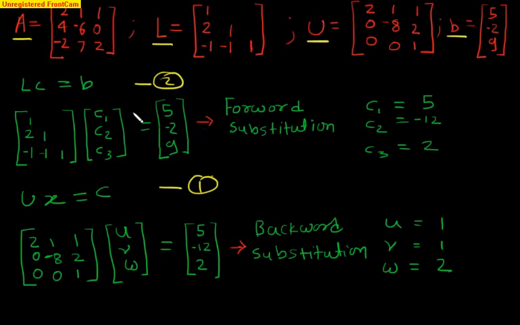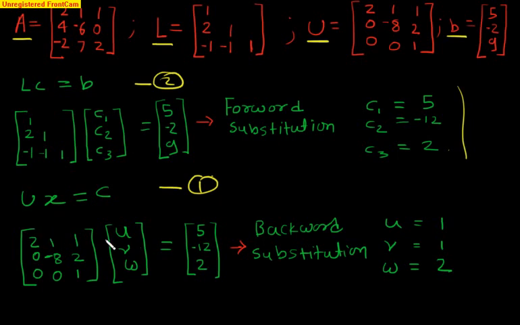If you see, you will directly get C1 is equal to 5, and you can forward substitute to find out C2, C3. I think you know how we do forward substitution. Now we have C, just put C here: 5, minus 12.